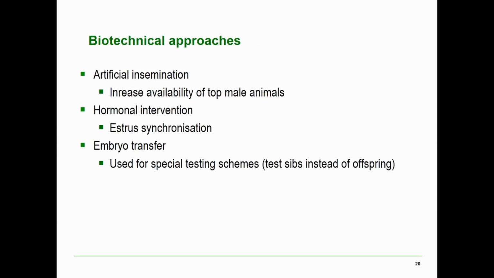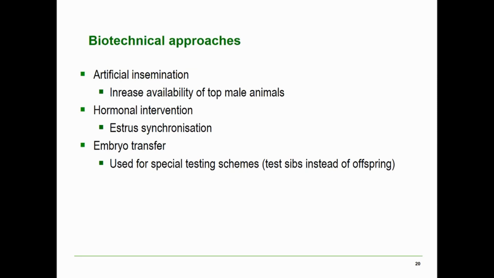The next point is the biotechnical approaches that were mentioned before. So just a few details on these. The first one is artificial insemination, which I would argue is the backbone of breeding globally. This approach is about increasing the possibilities of the top male animals to have offspring, so they can have much more offspring when we compare this to natural mating.